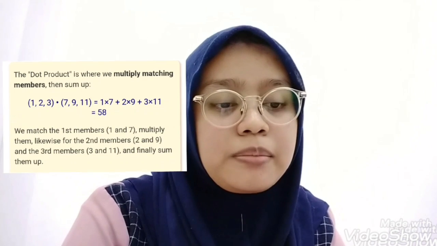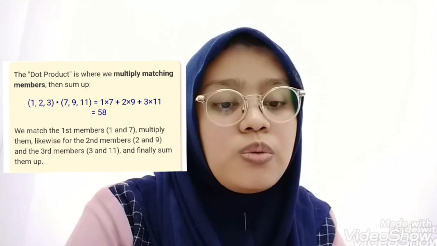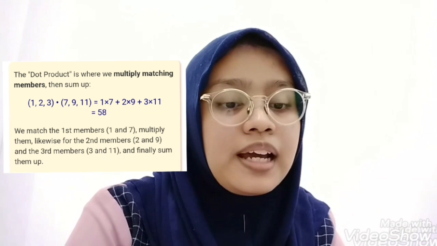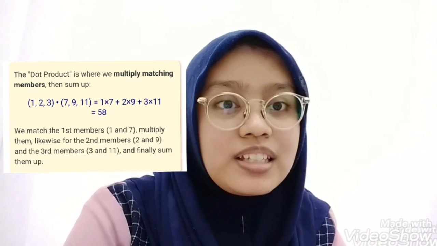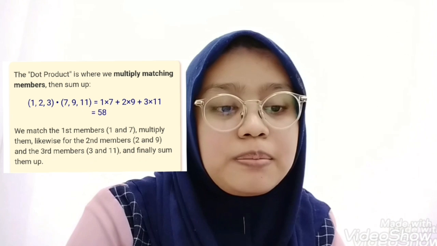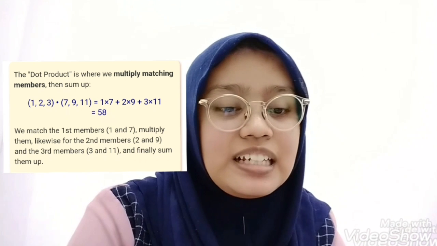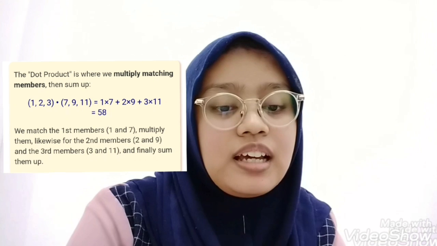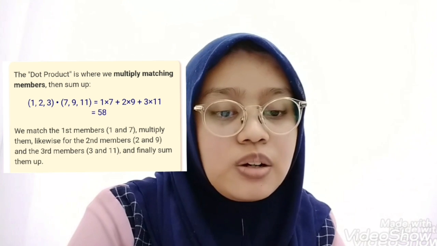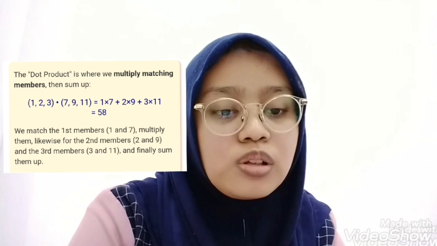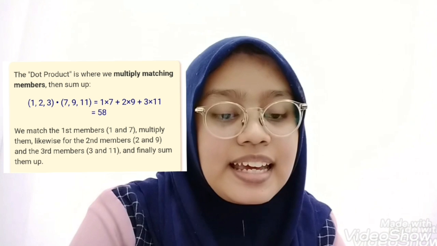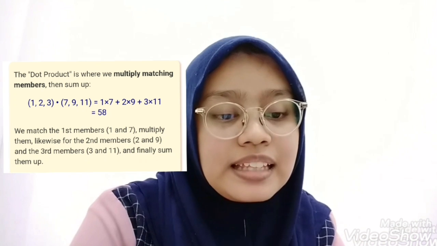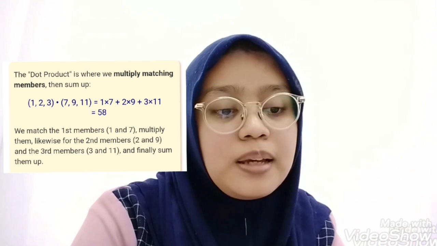The dot product is where we multiply matching members then sum up. 1, 2, 3 multiplied by 7, 9, 11 equals 7 plus 18 plus 33, equals 58. We match the first members 1 and 7, multiplying them. Likewise for the second members 2 and 9, and the third members 3 and 11, and finally sum them up.